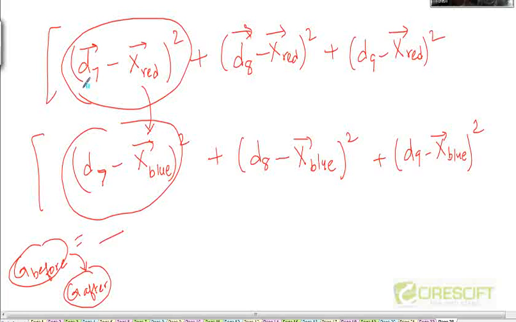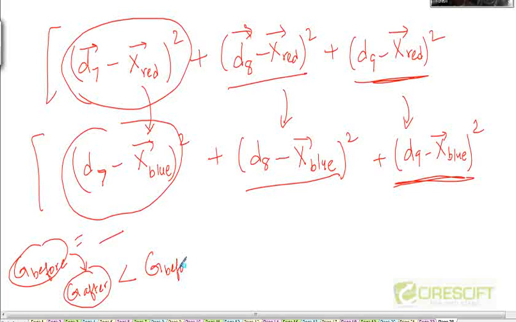This term became this term, this term became this term, and this term became this term, and the remaining 9 terms remained the same because their colors did not change. Is that clear? So my claim is that G after is going to be less than G before, after this step.